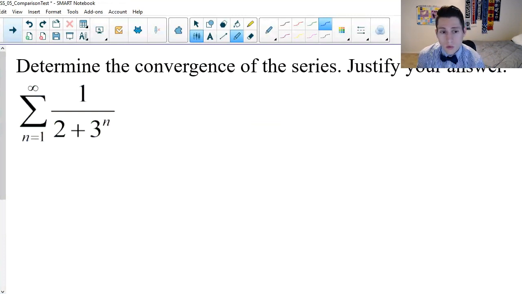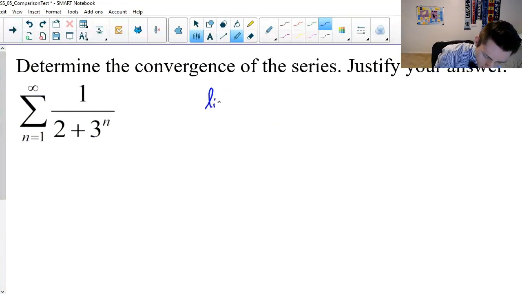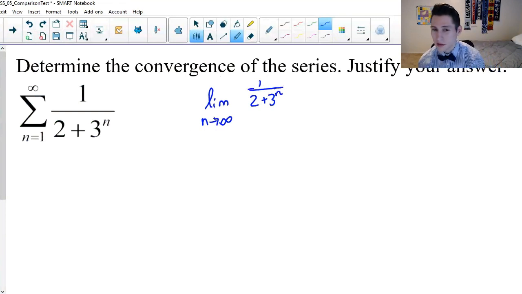So, 1 over 2 plus 3 to the n. If I did the nth term test here, I would get that the limit is 0. A good starting spot is always, what's the nth term? Let's take the limit of the sequence. That limit is 0.